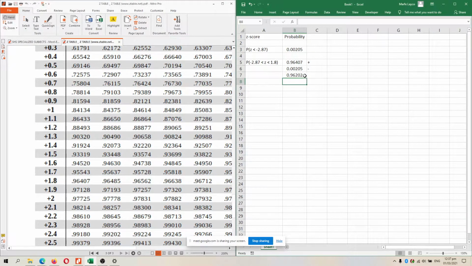So, kukunin natin yung kahit fourth decimal place, that is 0.9620. So, ito yung ating answer. Ito ang probability ng between negative 2.87 and 1.8 na z-score. Paano naman kung ang z-score natin is, the z-score is greater than 1.8?